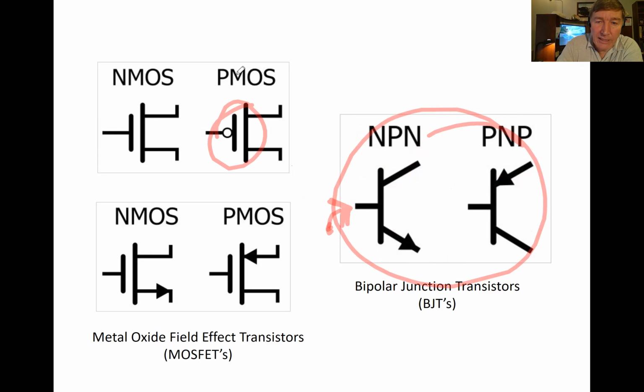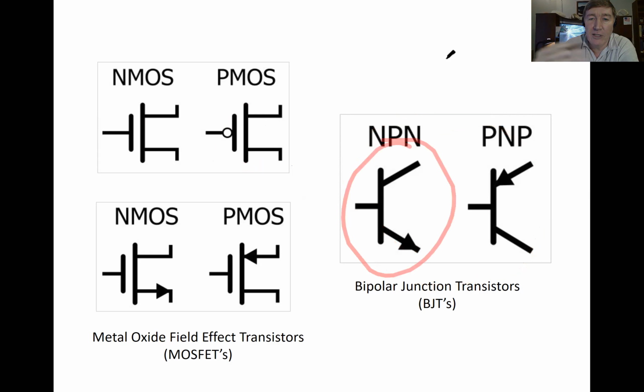When you send current, electricity flows into here and comes out here, as opposed to a MOSFET where it doesn't actually flow. You just have to put the voltage there, but once the voltage is established, current doesn't flow. I guarantee they'll have questions like this, where they'll give you a symbol like this and ask what it is, and you need to recognize that's an NPN bipolar junction transistor. And they'll ask what's this, and you'll need to recognize that's a PNP bipolar junction transistor.